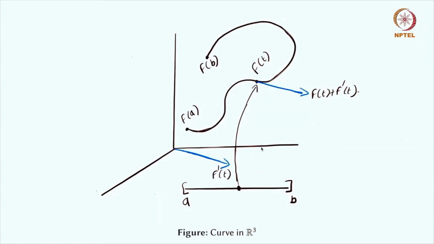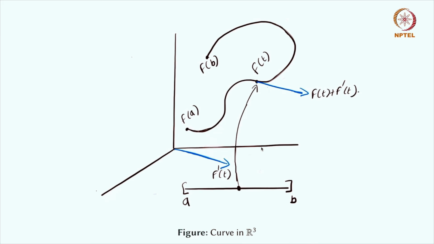So here is a picture that illustrates what's going on. You have this particle that is moving in space like this. Okay, at the starting point it's at f of a, at the ending point it's at f of b. We are focusing on one particular point t. It takes the value f of t, and I have drawn somewhat approximately what that tangent vector f prime of t is going to be. Of course, the real f prime of t will be based at the origin.